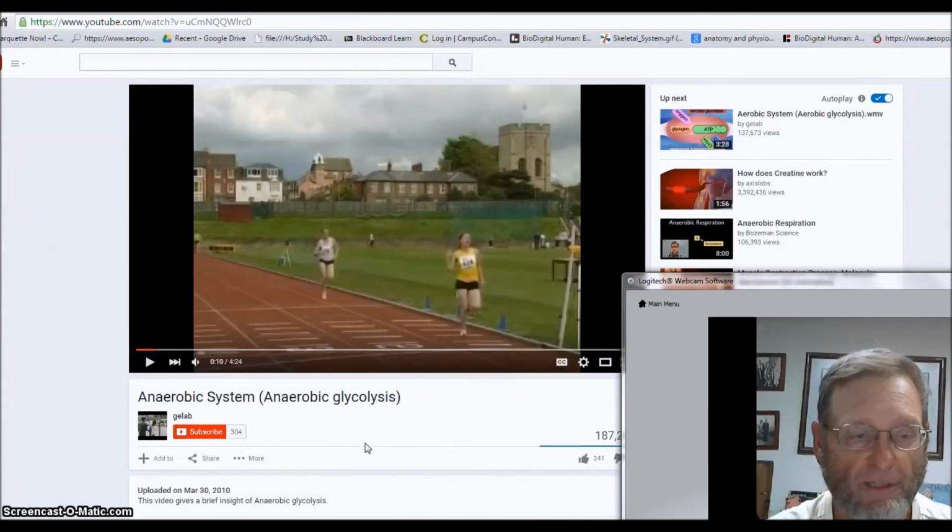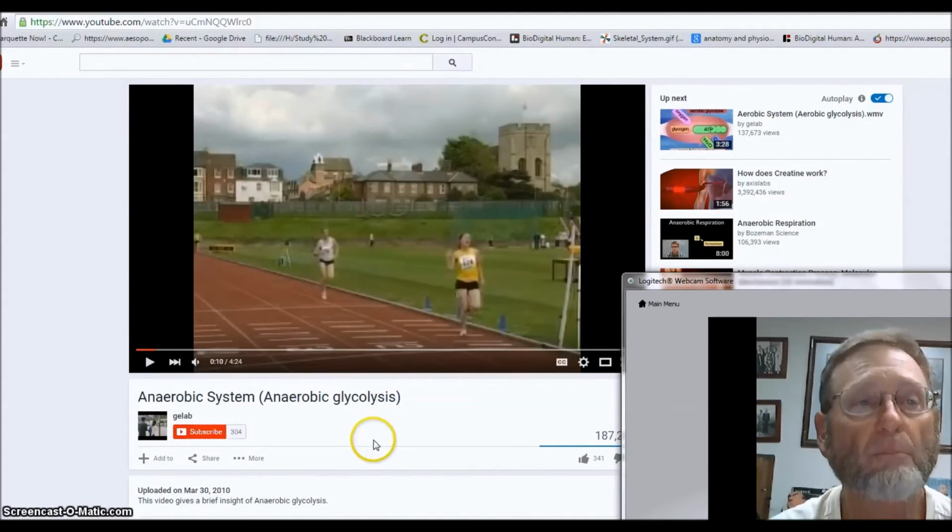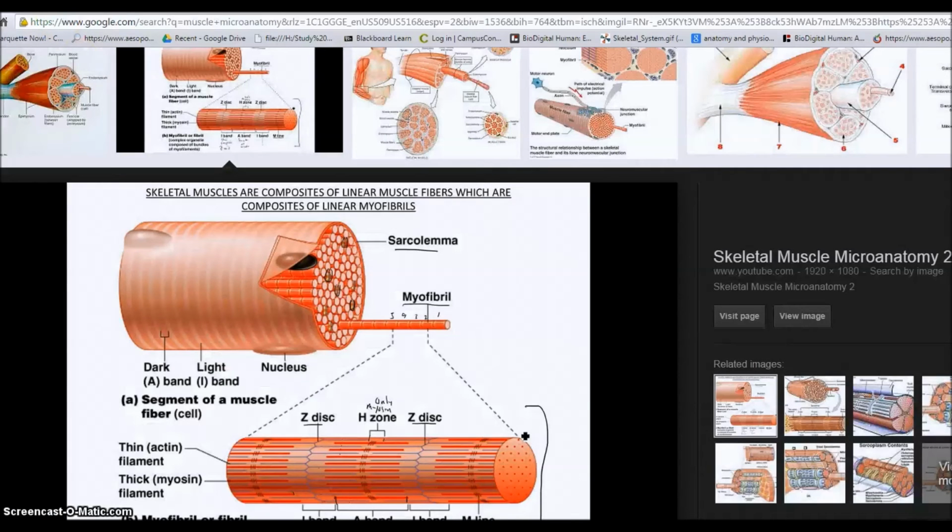Okay, so that's that. Now let's talk about building muscle. How do we build muscle? Well, remember, here's the muscle cells. When we exercise, we can get muscle tone. Muscle tone is really a constant contraction of muscles in a group.